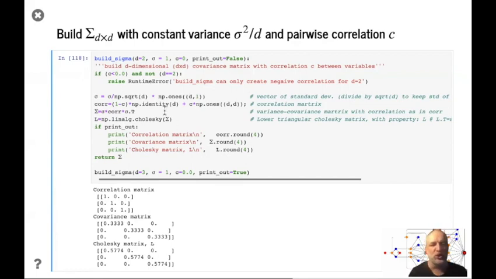Now it's also doing the Cholesky decomposition, so I can print it out and show you, but really the main thing is it's producing sigma. What you can see here is the Cholesky decomposition.